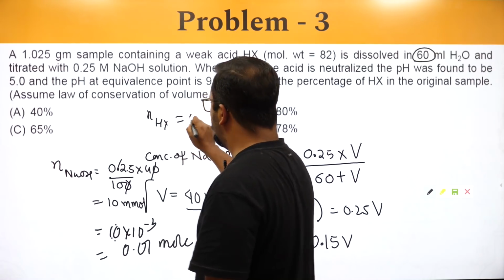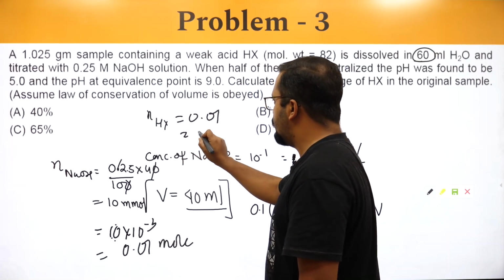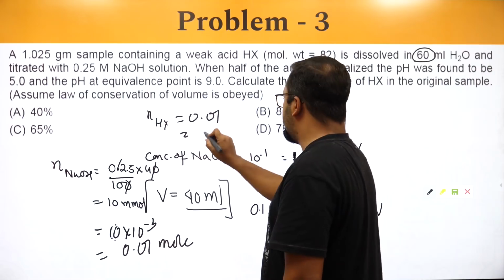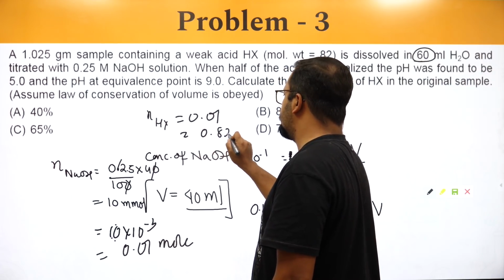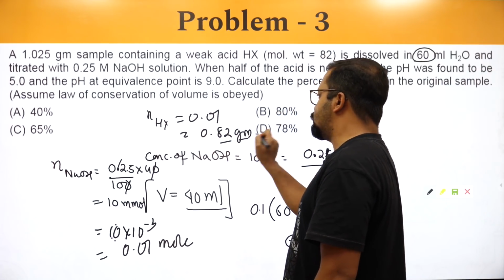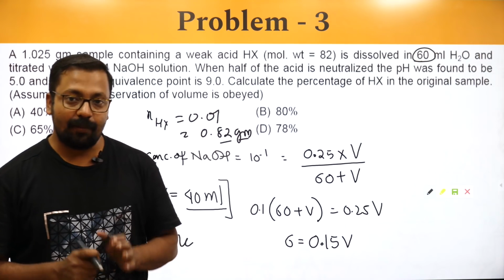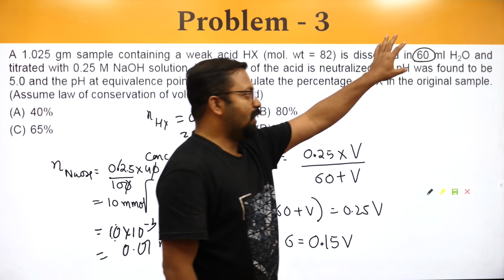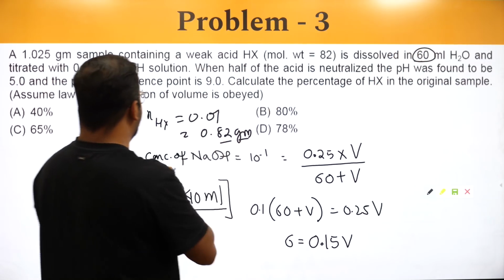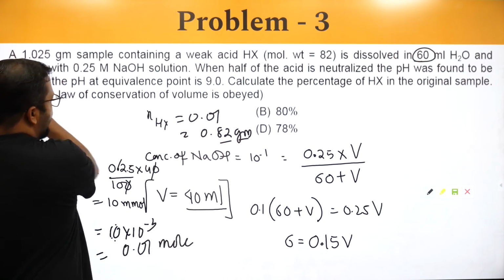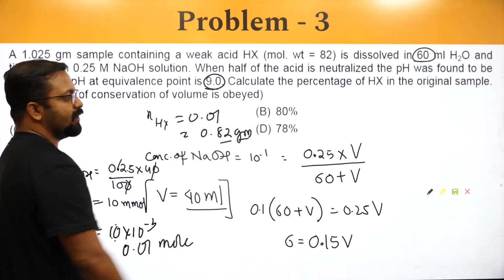So this should be 0.01 and it will be 0.82 grams. So HX का amount 0.8 grams अगर आपने लिया, this will react to give this result, 5 at half equivalence and 9 at equivalence.